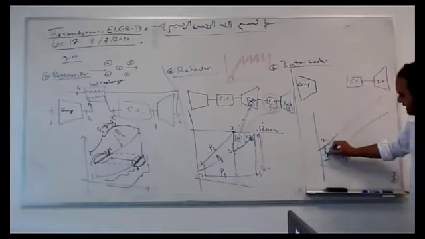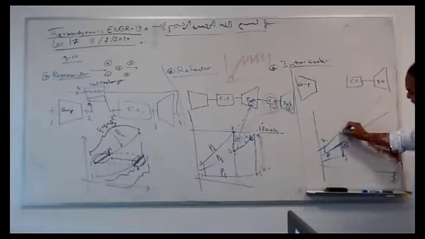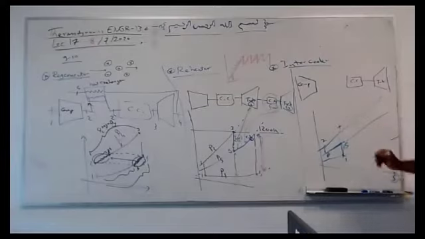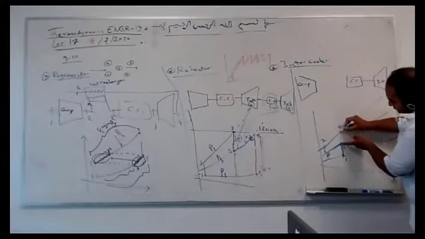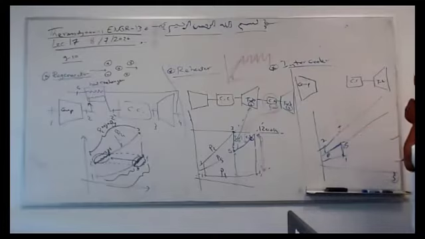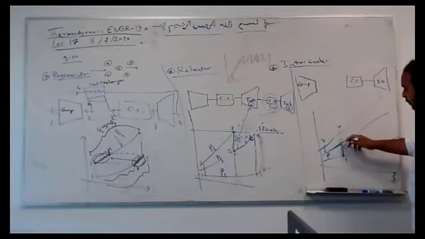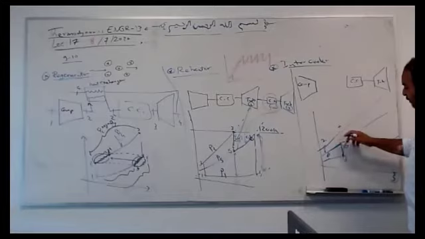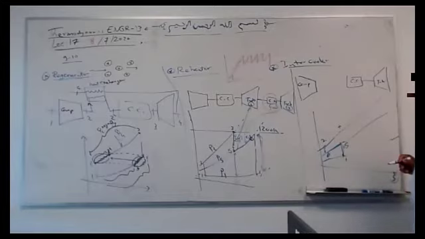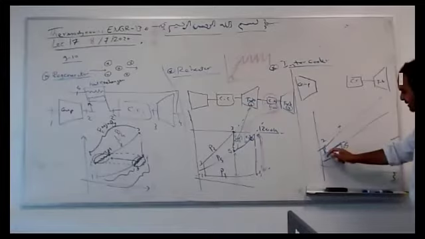Which one is bigger, 2 to 6 or 5 to this point, say X? This length or this length? 5 to X is bigger. I pay more or pay less? Do I want to pay more or pay less? I want to pay less.